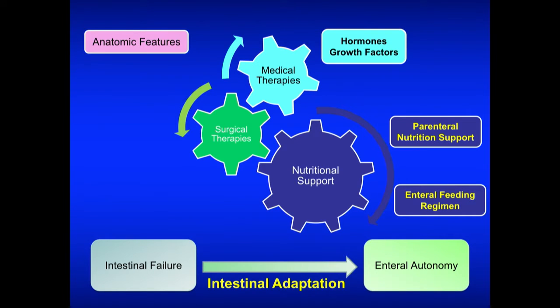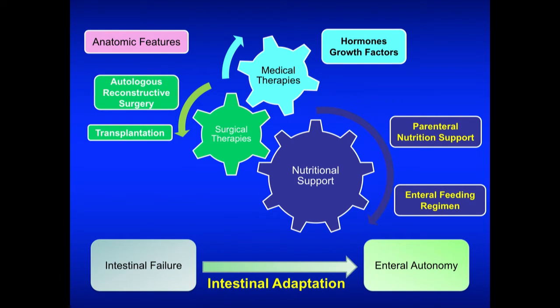Medical therapies, and that includes some growth hormones and other factors that we're going to discuss, as well as surgical therapy. These can include bowel lengthening procedures, ostomy takedowns, the technical term for which is autologous reconstructive surgery, or it can involve transplantation.